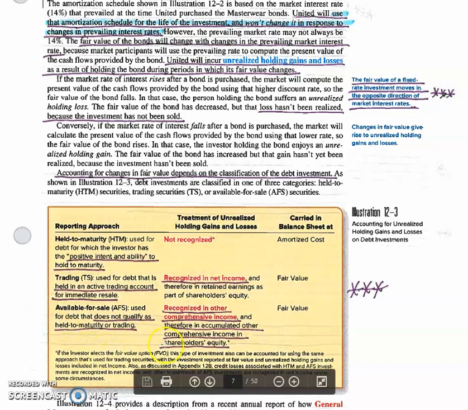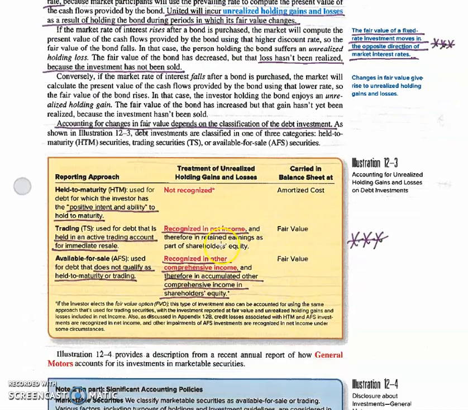And so they're again carried on the balance sheet at fair value. But the difference is that any unrealized, now unrealized means you haven't sold them and gotten cash, unrealized holding gains or losses are recognized in other comprehensive income on the balance sheet.